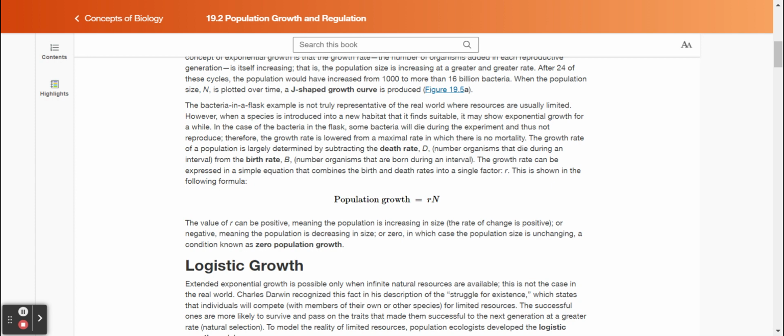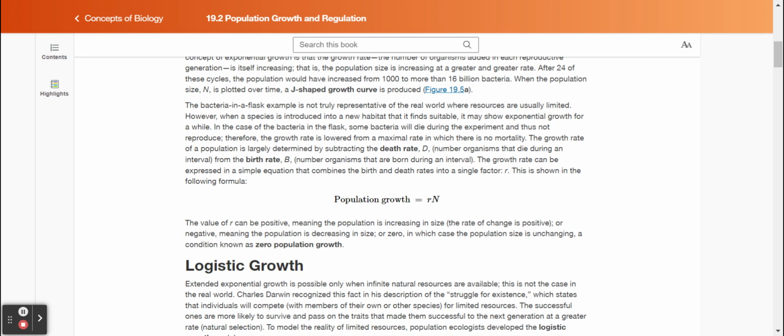The growth rate of a population is largely determined by subtracting the death rate, D, which is the number of organisms that die during an interval, from the birth rate, B, the number of organisms that are born during an interval. The growth rate can be expressed in a simple equation that combines the birth and death rates into a single factor, r. This is shown in the following formula.